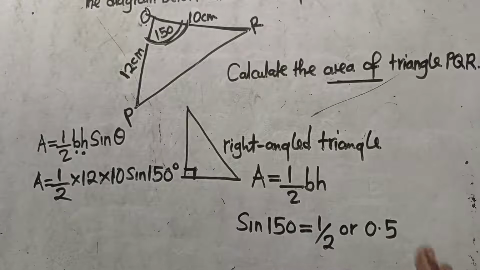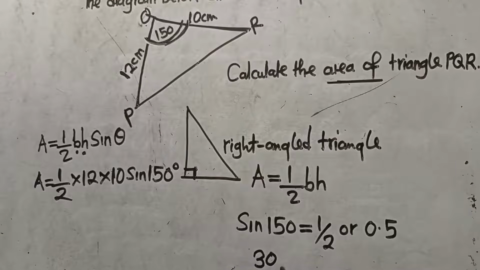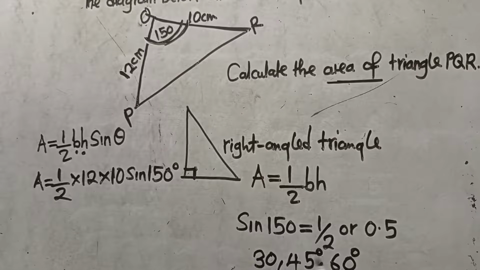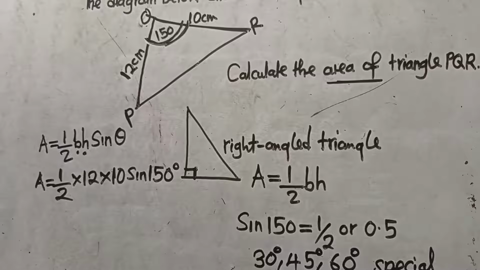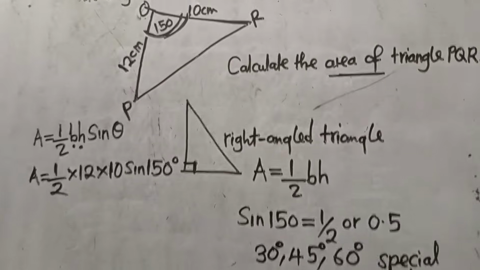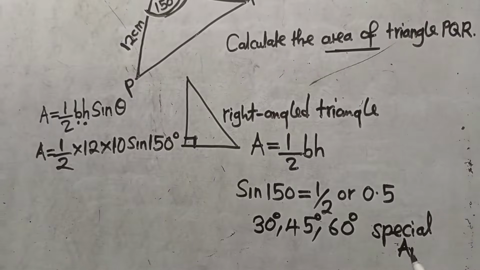Just master it like this. But those special angles, 30, 45, 60, these degrees are special angles, and I want you to know them. I even gave you some angles that you are supposed to master as you enter into an exam. So these are special angles.